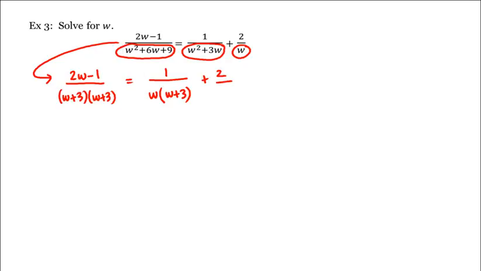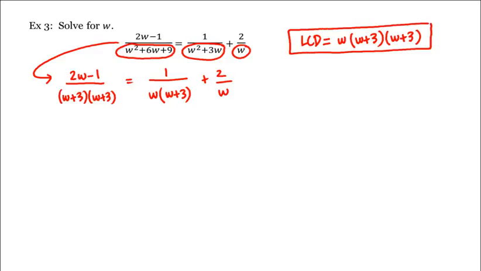And then we still have this plus 2 divided by w. So the least common denominator then, or the least common multiple of these denominators, is w times w plus 3 times w plus 3, which is what we're going to need to multiply both sides of this equation by.